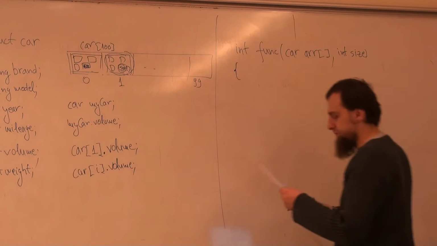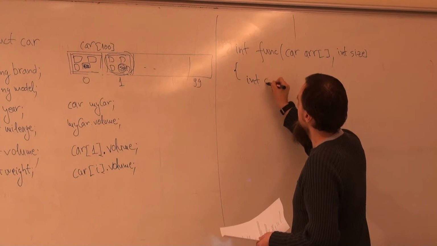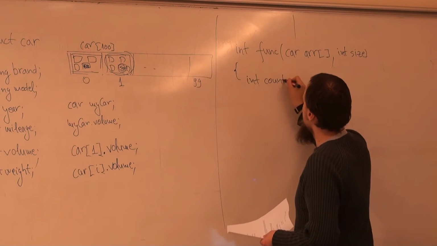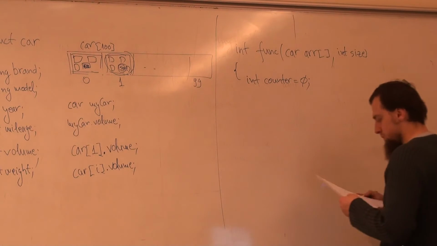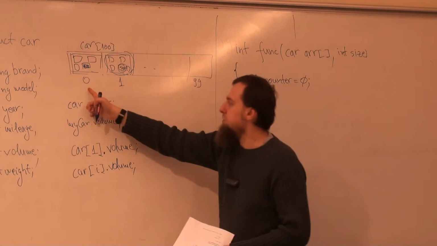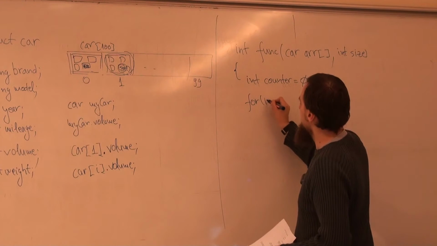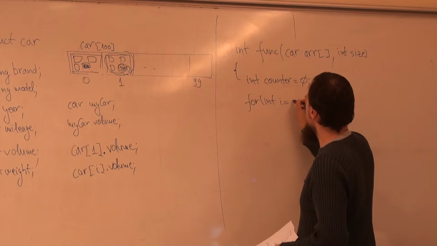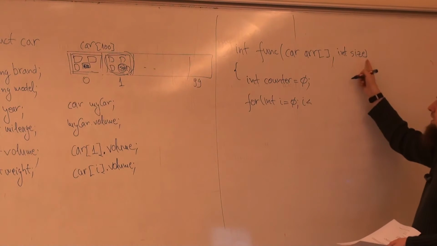So, we define a counter. Initially, it is 0. And we start from the 0th index up until the end: for integer i equal to 0, i is smaller than this size here.